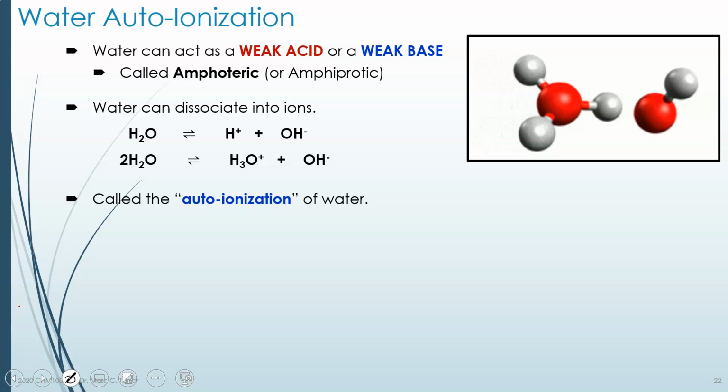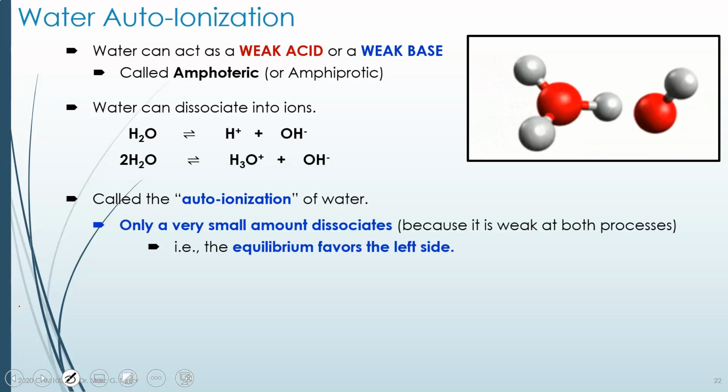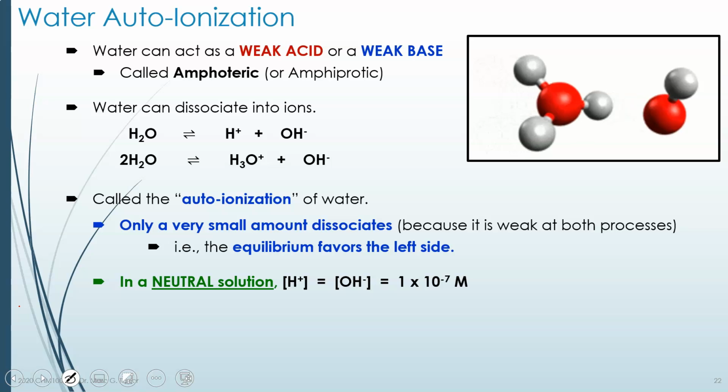A tiny, tiny fraction of water does this all the time. So it's a very small amount that's dissociating, and as a result, the equilibrium for these two favors strongly the left side, but it is still important. And so in a neutral solution, the amount of hydronium, or protons, as I've written it here, remember hydronium and protons are the same thing, the amount of hydronium ion concentration will exactly equal the concentration of the hydroxide ion.